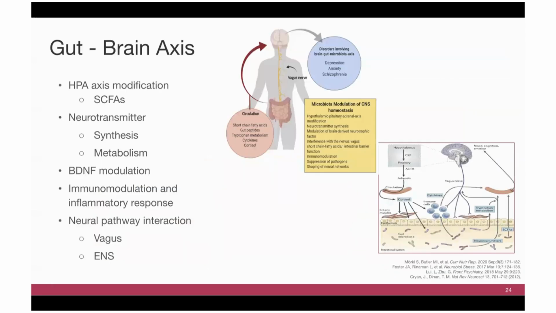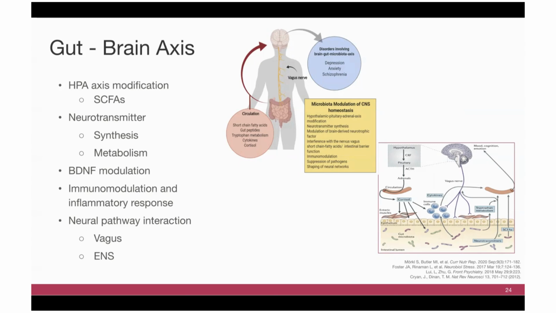Okay. Brain, the gut-brain axis. Again, these pictures are awesome for people who are highly visual. This is a bidirectional communication between the gut and the brain, predominantly via the vagus nerve. Neurotransmitters like serotonin and dopamine can be directly produced by gut microbes, and their metabolism is also heavily influenced by microbes.